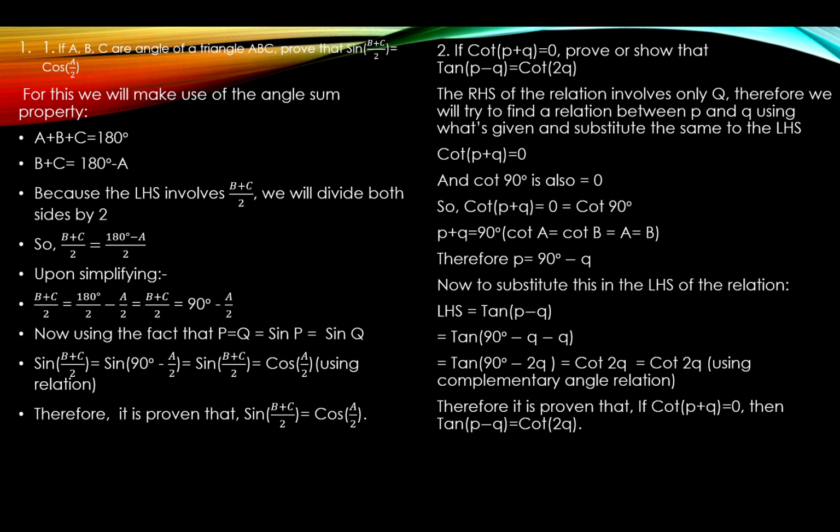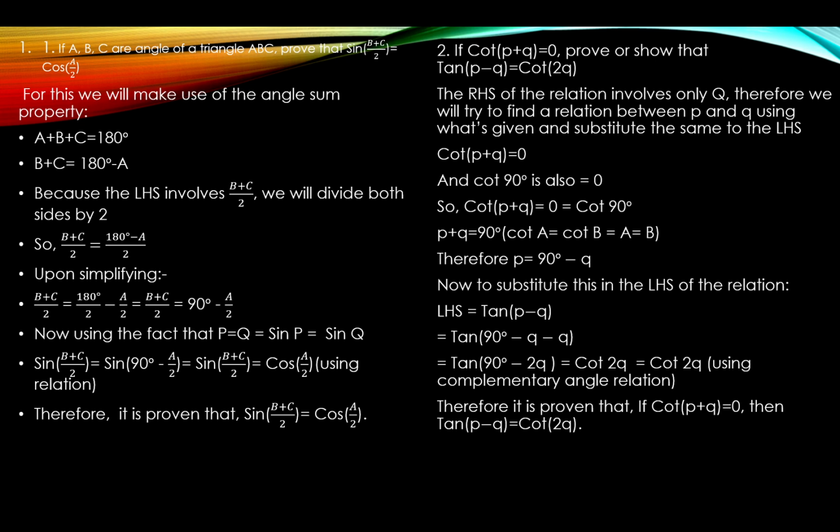So these are the answers to question number 1 and question number 2. I'm going to read them out for you. Question number 1. For this we will make use of the angle sum property, which is A plus B plus C is equal to 180 degrees.